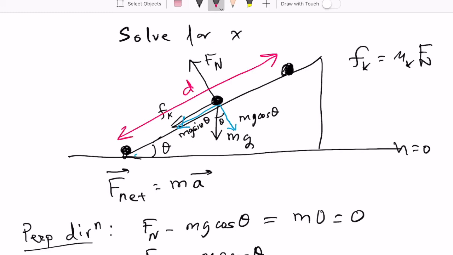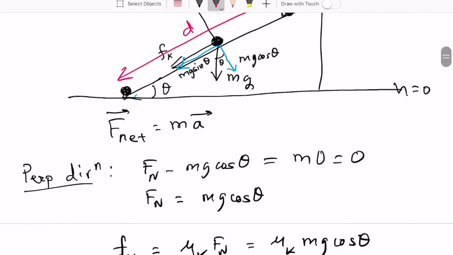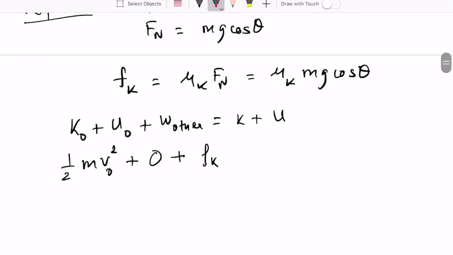So the work done by friction would be Fk multiplied by d times cosine of the angle between the friction force and the displacement. The displacement is up the incline, the friction force is down the incline. So it's just going to be cosine of pi, which is -1. And so we are done with the left side of this equation.